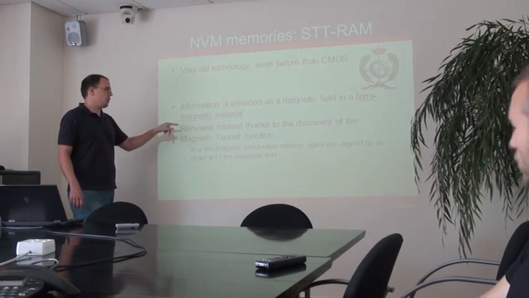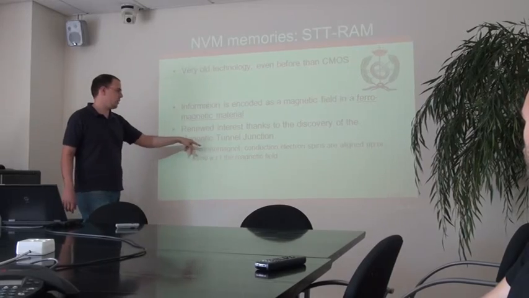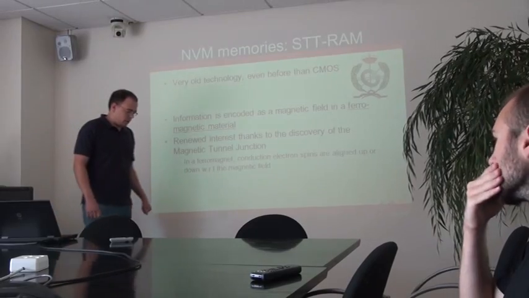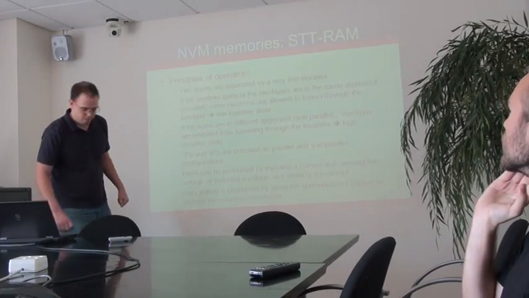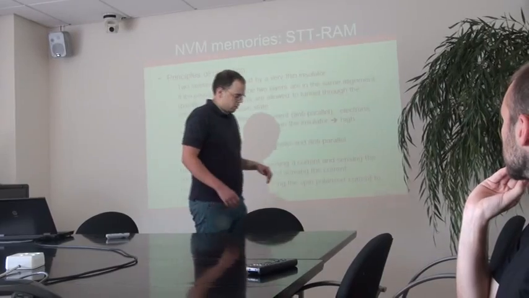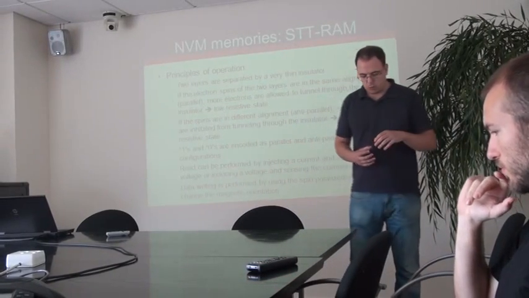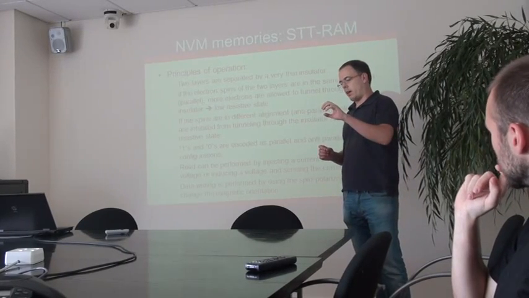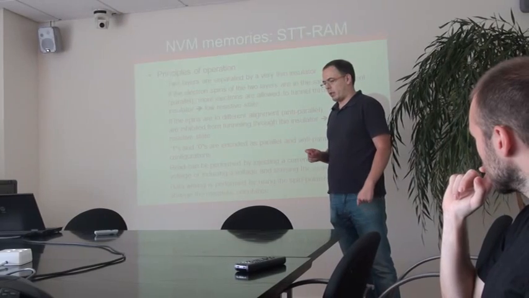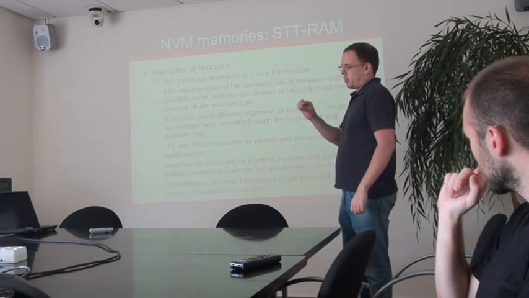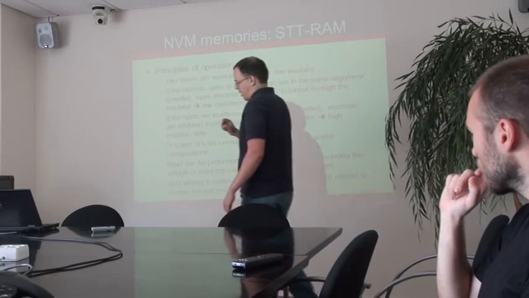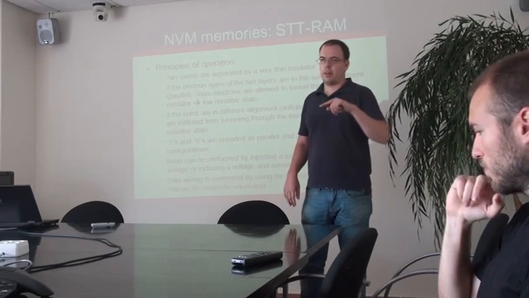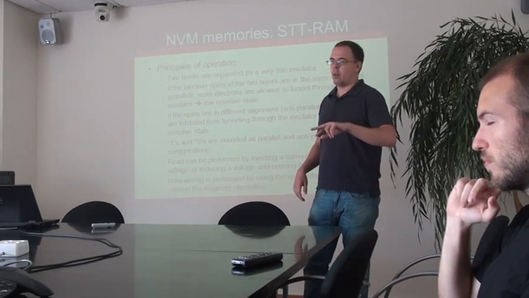But it has seen a renewed interest thanks to the discovery of the magnetic tunnel junction. The principle of operation is that basically we have 3 layers. 2 layers are made of this magnetic material, and in the center there is a layer of an insulator. The 2 magnetic materials can have either the spins of the electrons up or down.